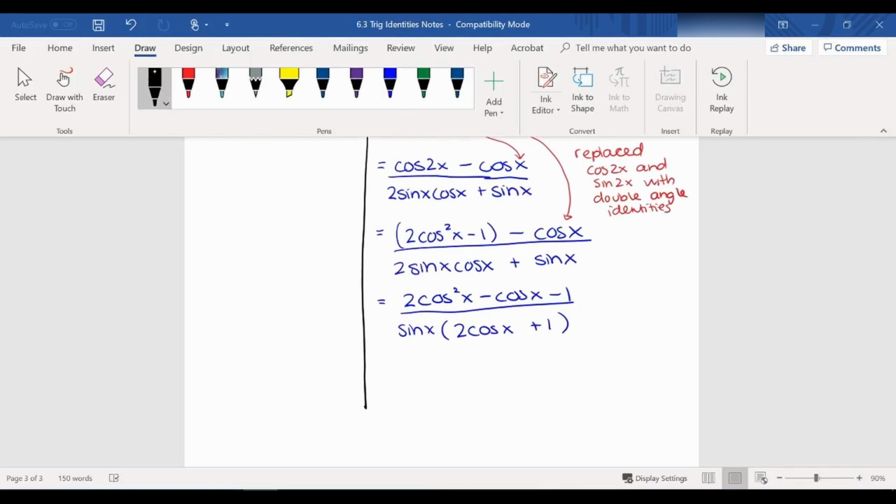So on the top, I'm looking for two things that multiply to be -2 and add to be -1. So my two things would be -2 and 1. So when I factor this, I'm going to split up the middle term to be -2 cos x plus 1 cos x minus 1.